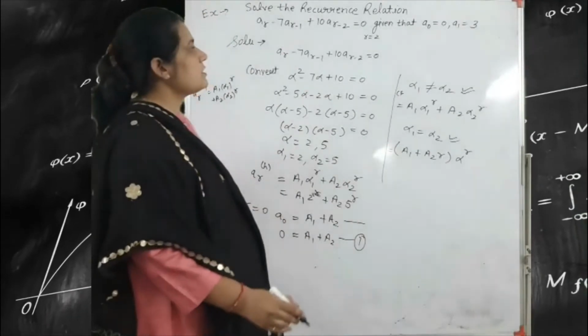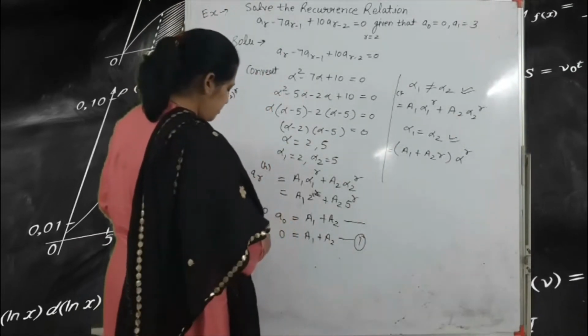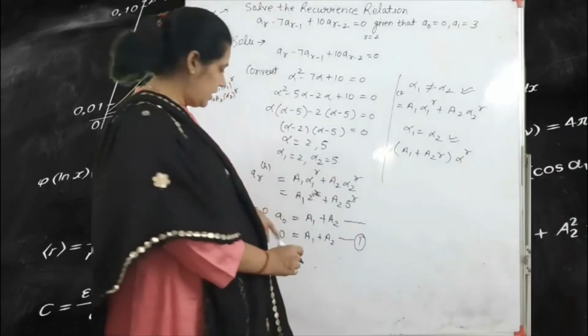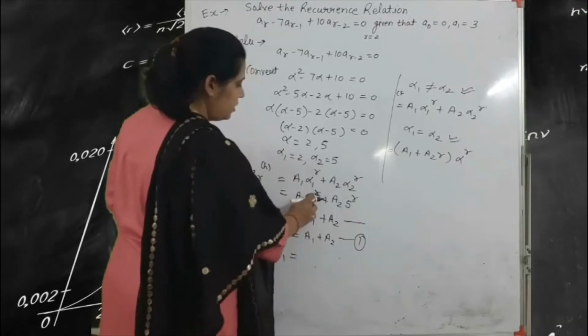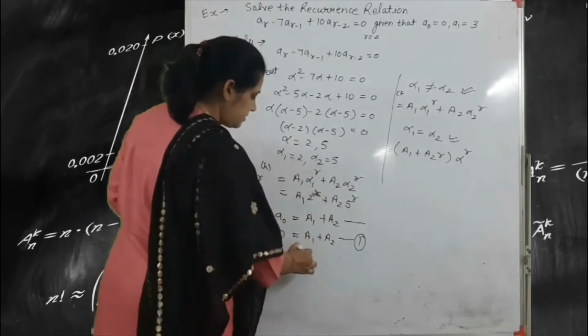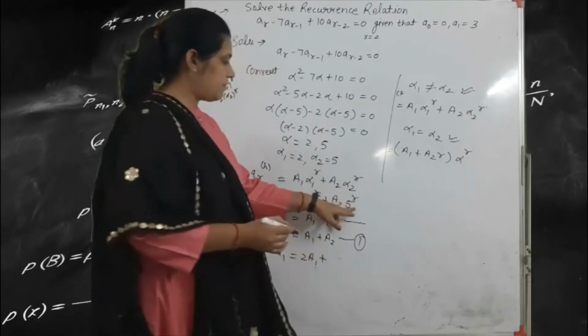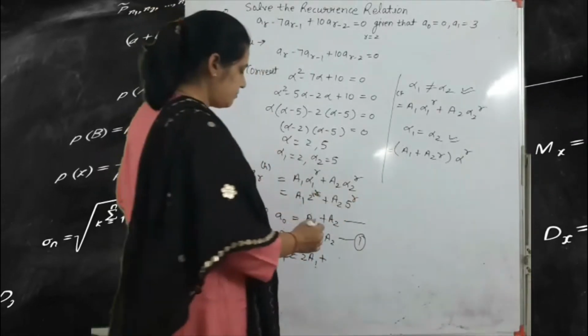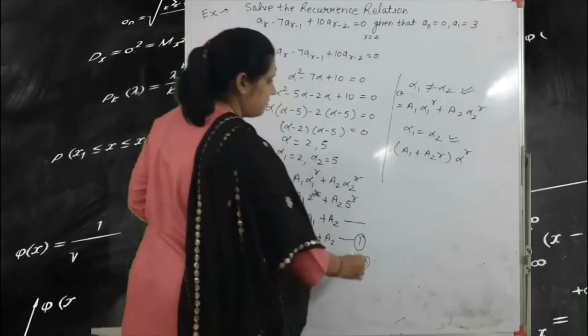Okay, the second equation is what? For the second equation we put r is equal to 1. So we write a1 is equal to 2 raised to the power 1, that means 2, so 2A1 plus 5 raised to the power 1, that means 5, so 5A2. This is your second equation.